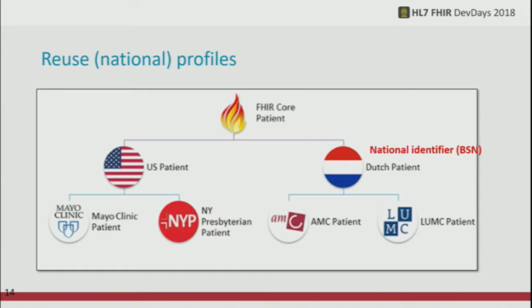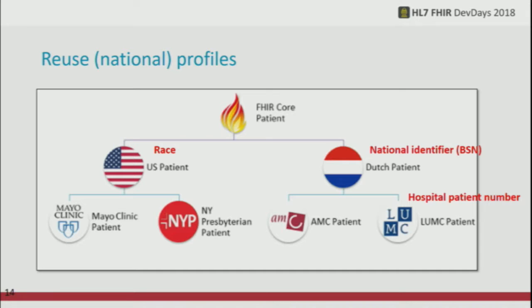But we actually specified how to put that into a patient resource. So which identifier you use, which identifier system you use for that, and we put that into our national patient. For example, you guys had an extension called race. We're not allowed to do that, so that lives in your US realm.